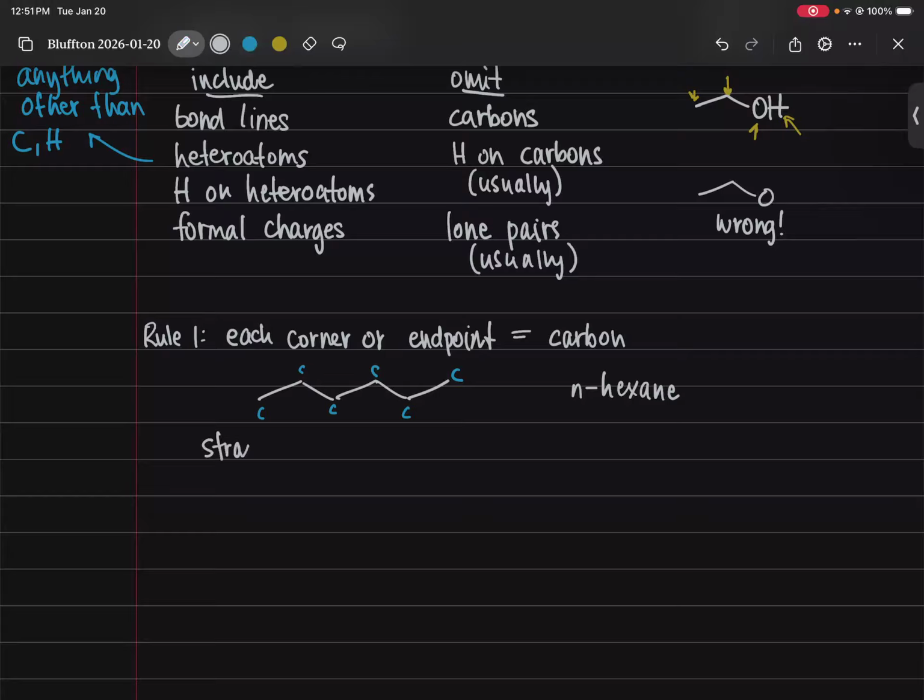And straight chains of carbon atoms, which I would consider this to be a straight chain, even though it doesn't look straight, are drawn as zigzags.